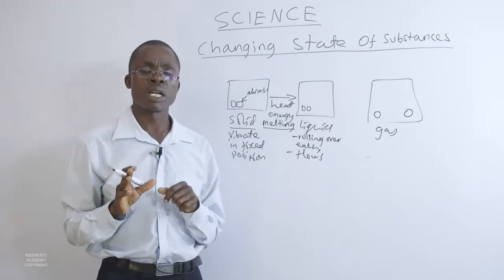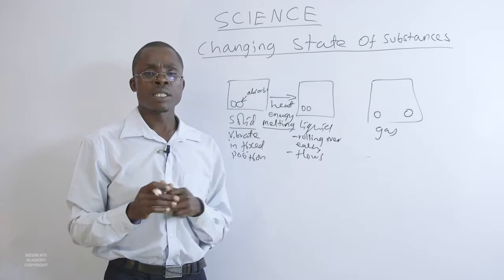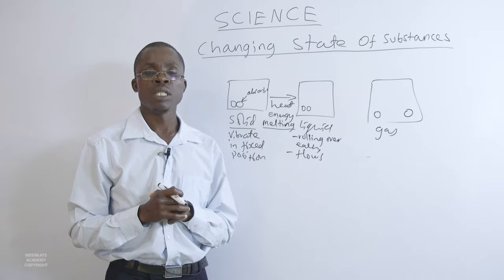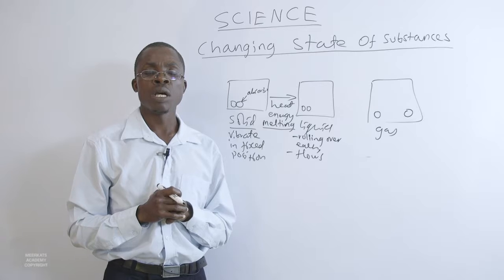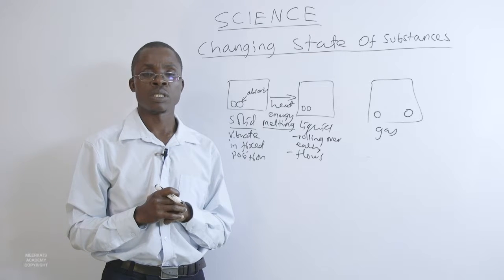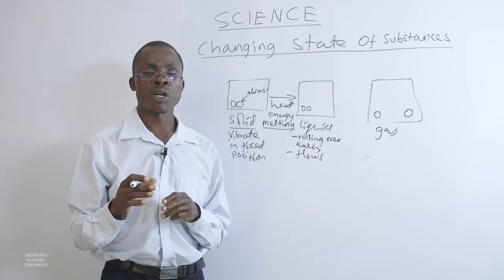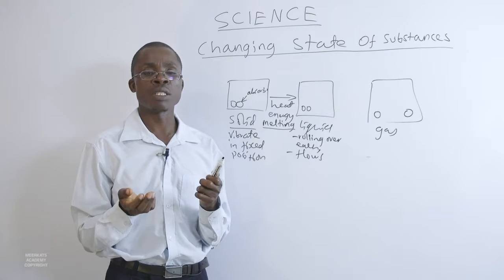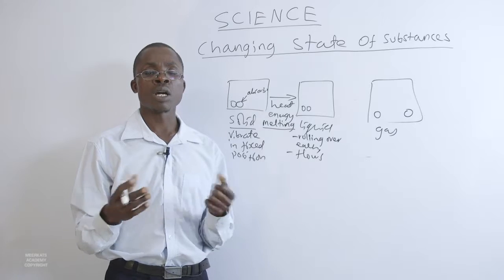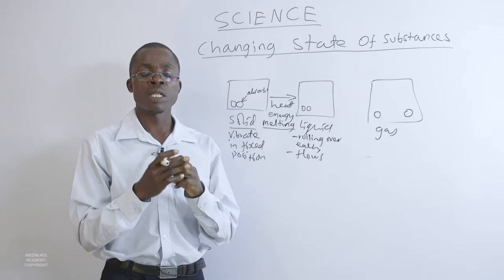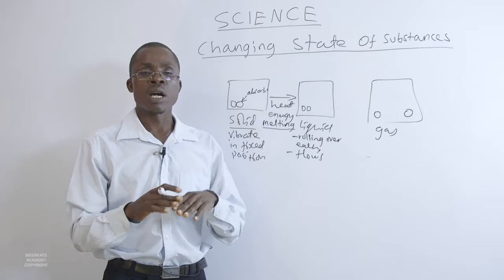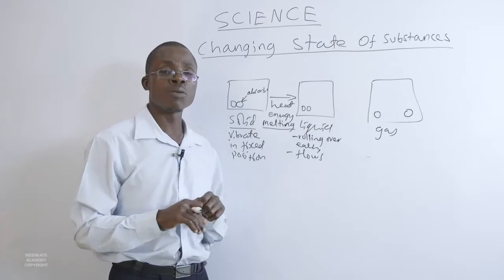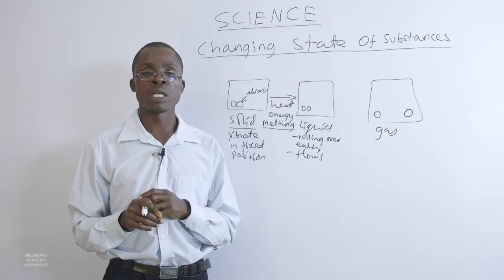Now we also need to realize that each substance has its own melting point. So you cannot pick the melting point of, for example, this substance to be the same as the melting point of maybe candle wax. Being that the two substances are different, they have different properties, even if they are all solids, each one of them will have its own melting point.